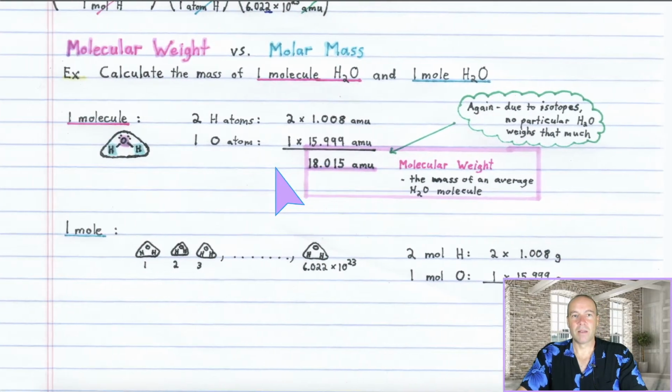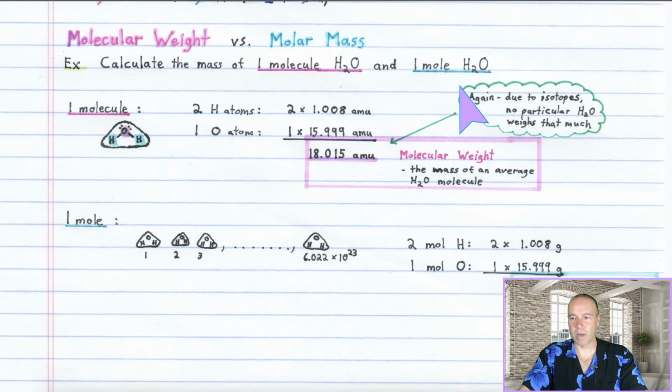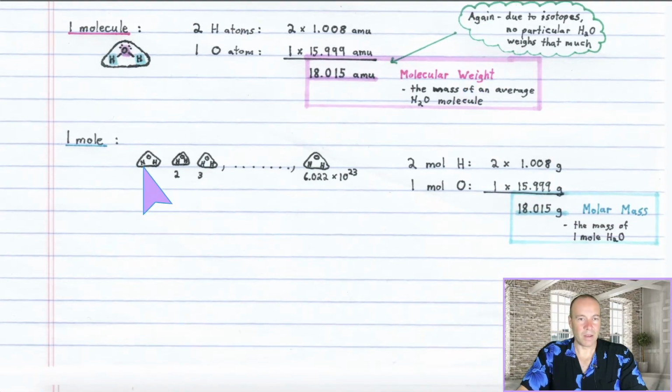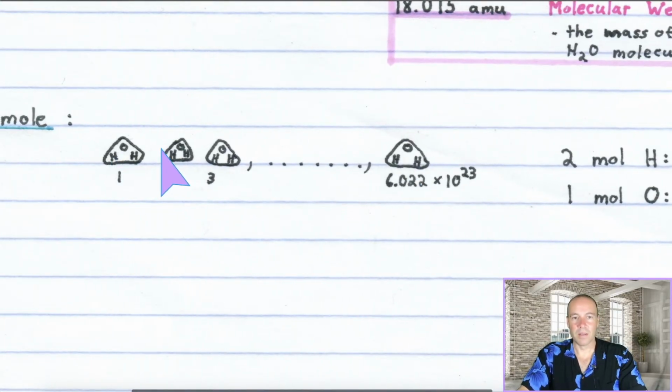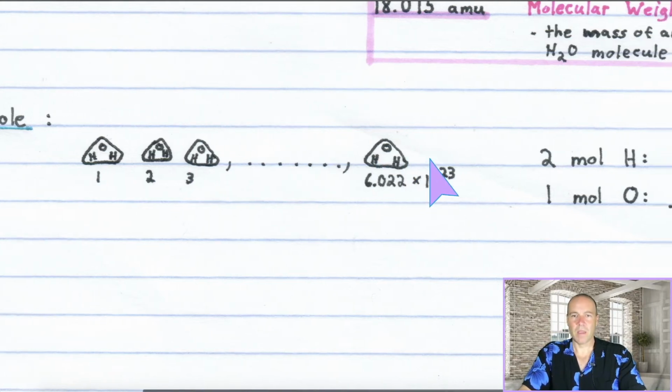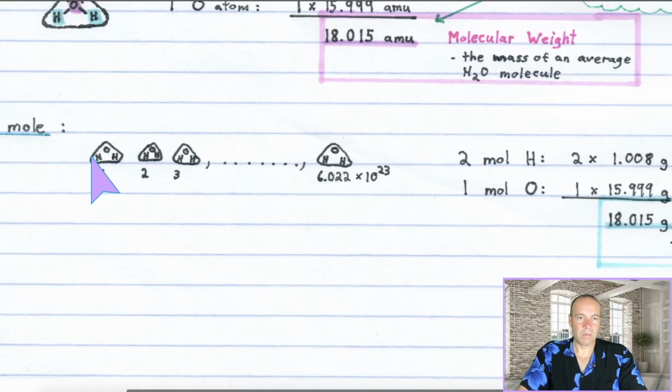Now, what about the mass of 1 mole of water? So imagine a mole of water molecules, Avogadro's number of water molecules. And say, let's line them up all in a row, starting with the first one and the second one all the way up to the last one. So there is a mole of water molecules. Now, each water molecule contains 2 hydrogen atoms.